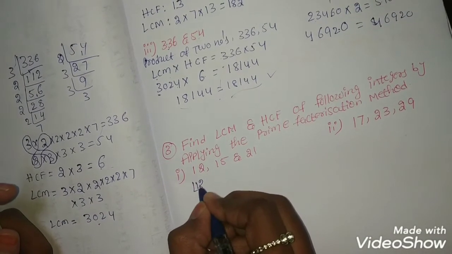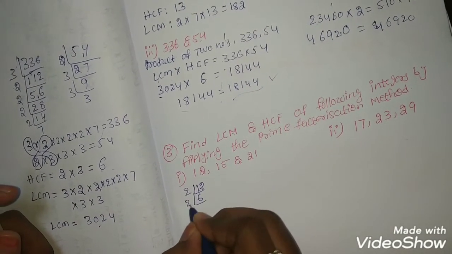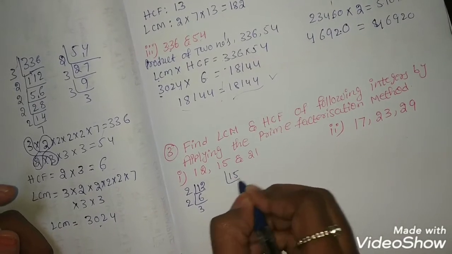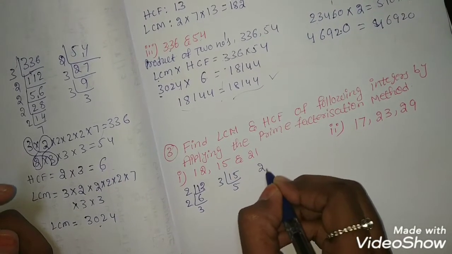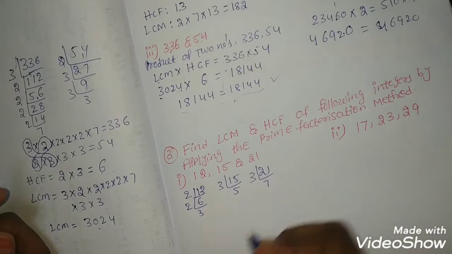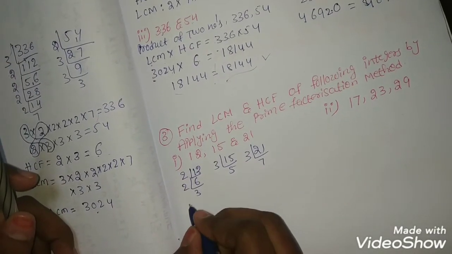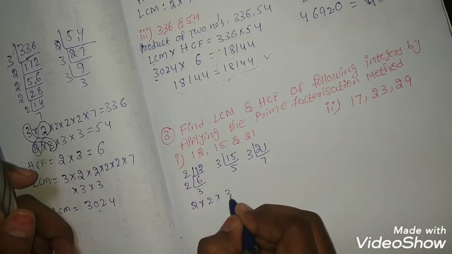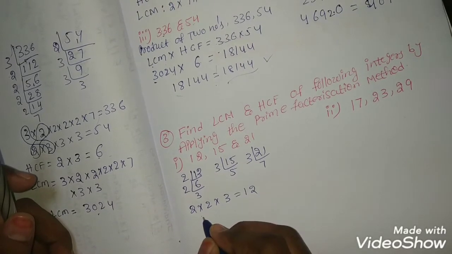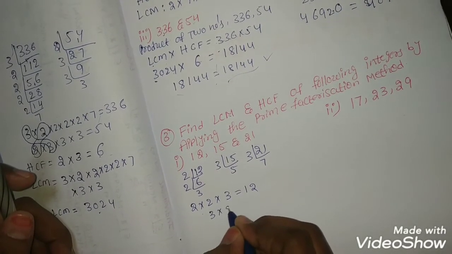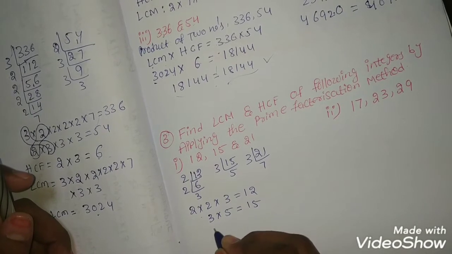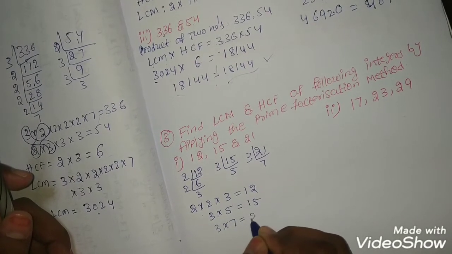First of all, 12: 2 6s are 12, 2 3s are 6. What about 15? 3 5s are 15. What about 21? 3 7s are 21. Now 2 into 2 into 3 is equal to 12. Next, 3 into 5 is equal to 15. 3 into 7 is equal to 21.